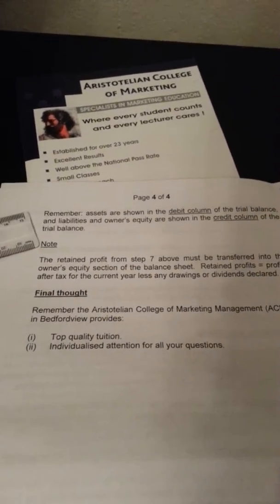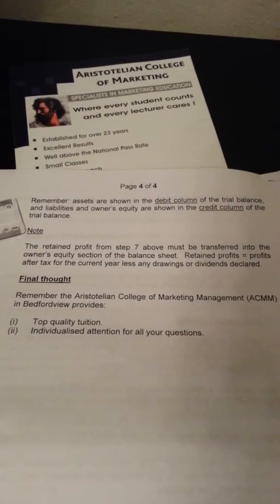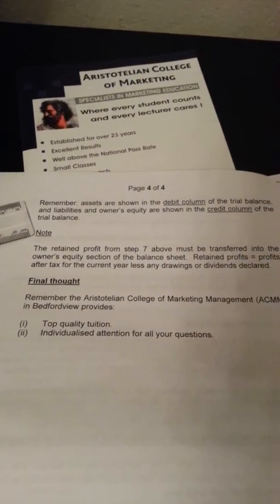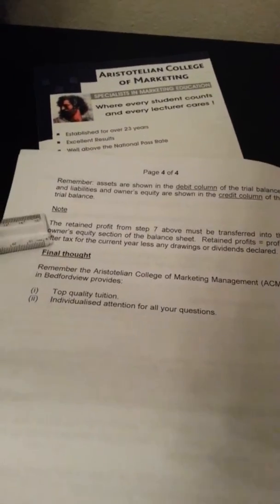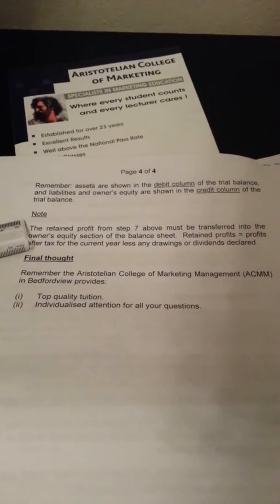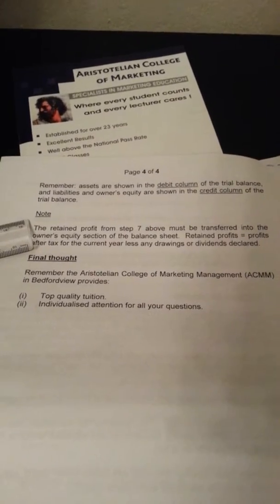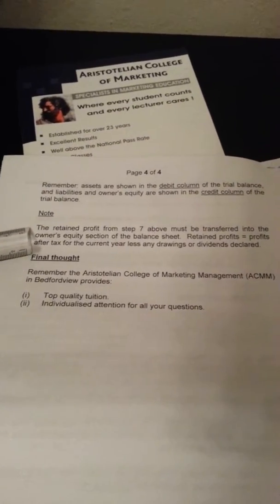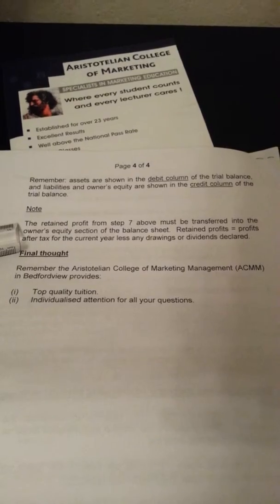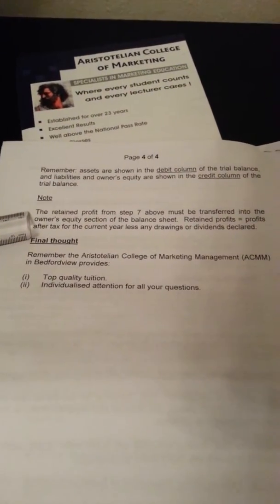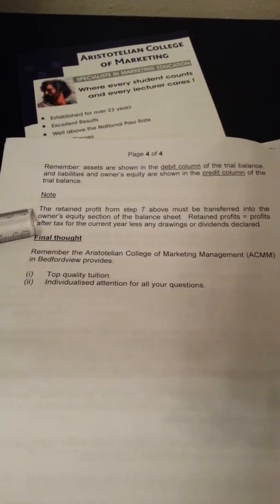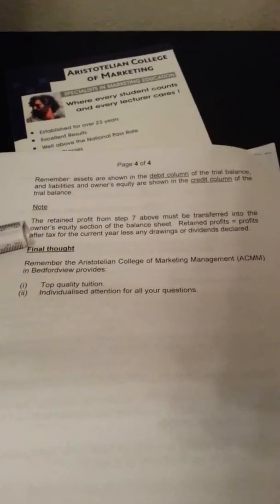Remember, assets are shown in the debit column of the trial balance and liabilities and owner's equity are shown in the credit column. Note, the retained profit from step 7 must be transferred into the owner's equity section of the balance sheet. Retained profits equal profits after tax for the current year, less any drawings or dividends declared.